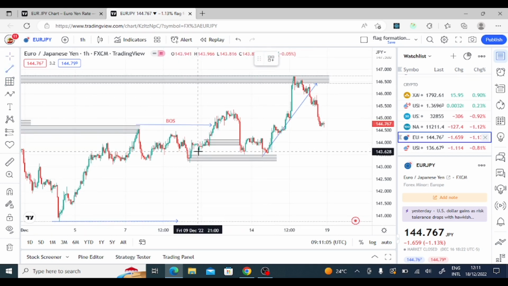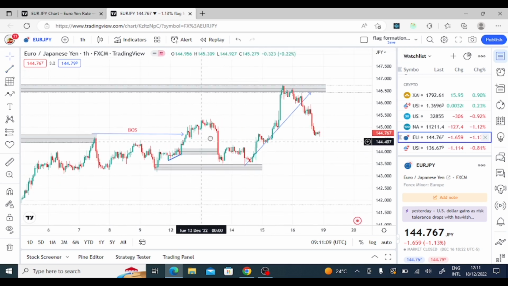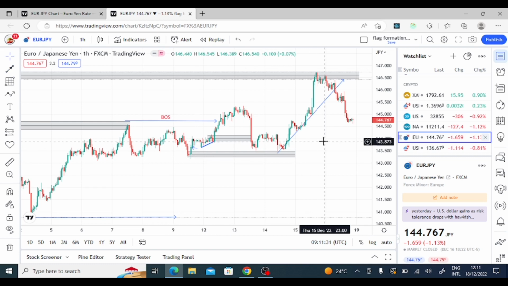There are types of liquidity, and I'll explain more about that in another video, but here we have something like a trend line liquidity. That liquidity has to be taken out, and we have an imbalance again here. So we have to take our entry at the lowest, or what we can call the extreme demand.